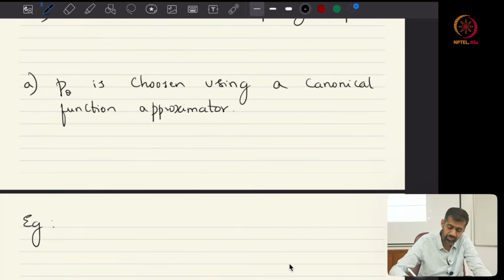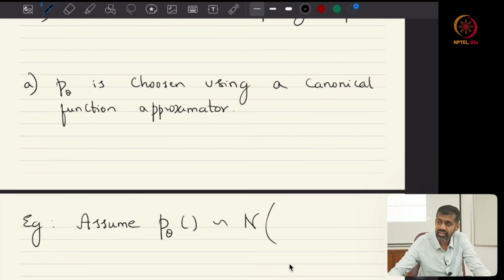Example, depending upon the problem, assume p theta is a Gaussian distribution. Whenever we say that it's a Gaussian distribution, it is parameterized by something, right? So make these parameters functions of these random variables. You can choose it to be identity.